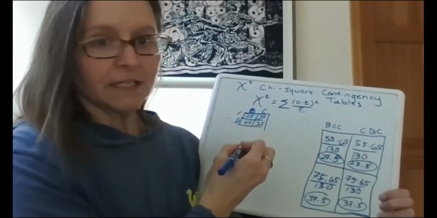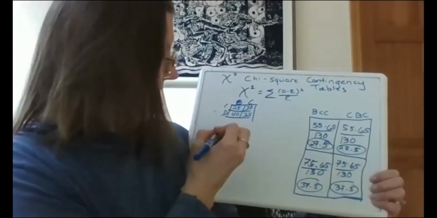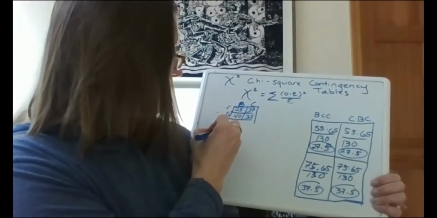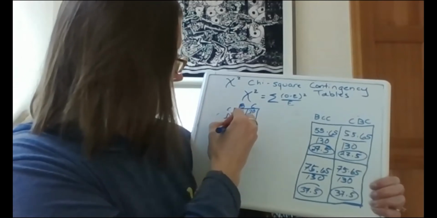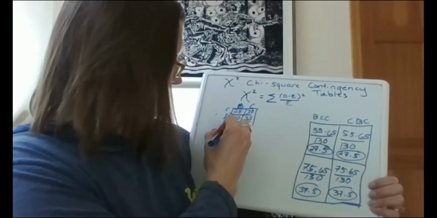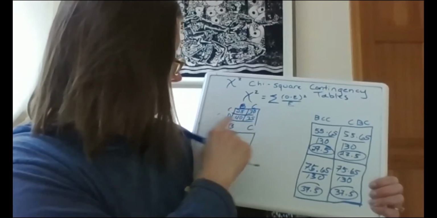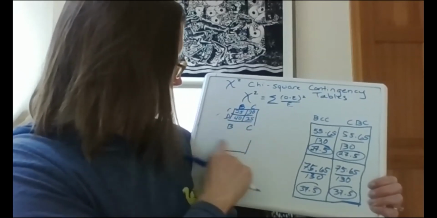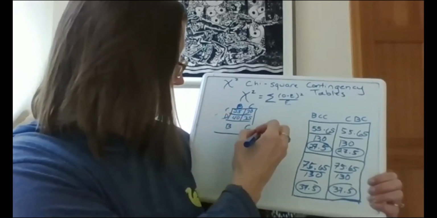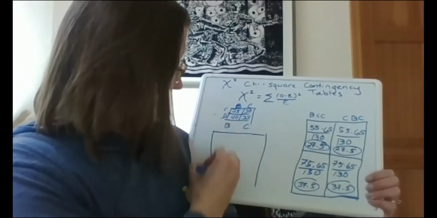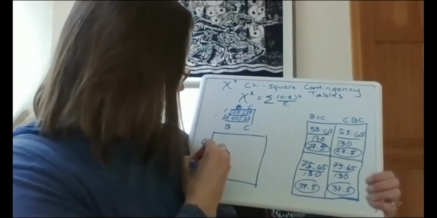Okay, so those are our observed values, and these are the expected values. And so I actually like to set it up the same way as all the rest of the tables, just to keep things organized. Okay. I'm actually going to make this also kind of long, bigger table, so that we can sort of make space for the calculations.